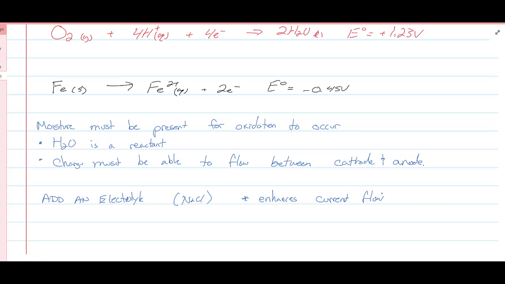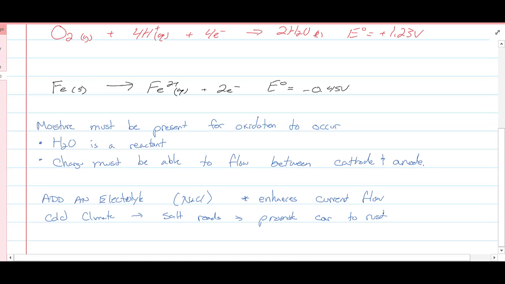Another thing that happens if you live or are from a cold climate where water freezes and there's ice and snow on the roads, they put salt down on the roads. This helps promote your car to rust. All right.